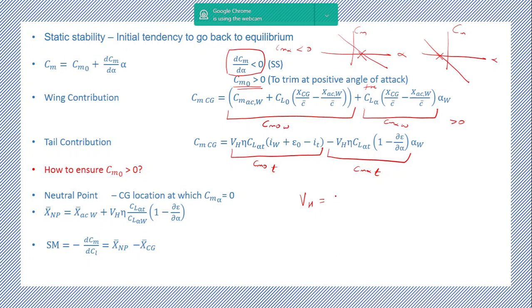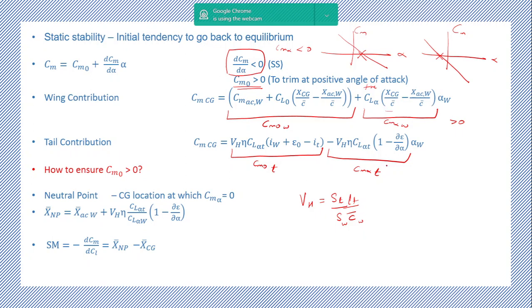So it was the area of the tail by S C bar, and this is of the wing. Where ST is area of the tail, SW is area of the wing. LT is the tail moment arm. So that is the distance between the aerodynamic center of the tail and the CG. Something like this.